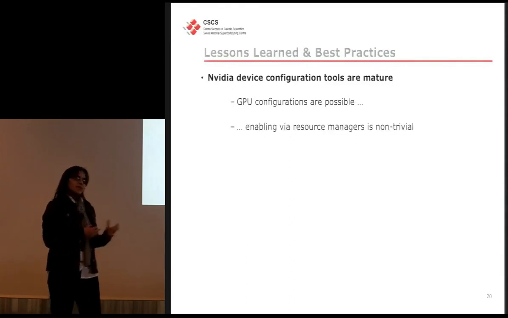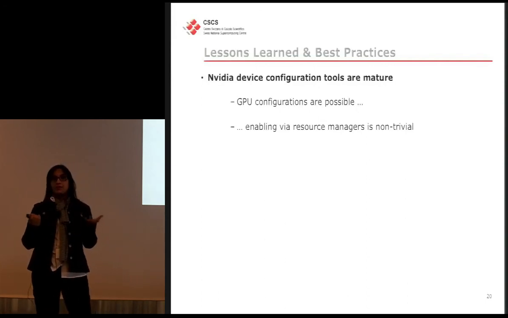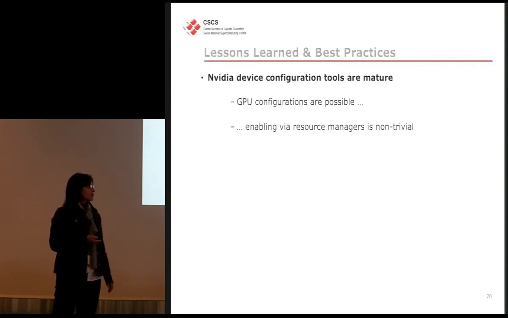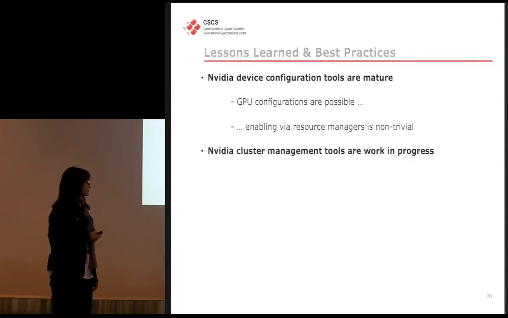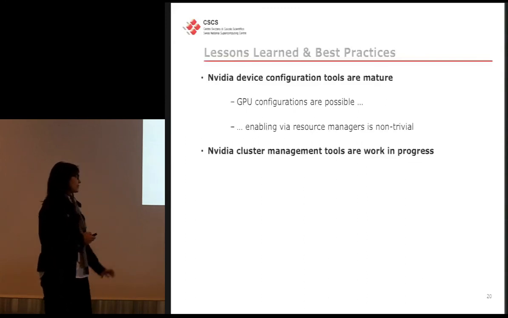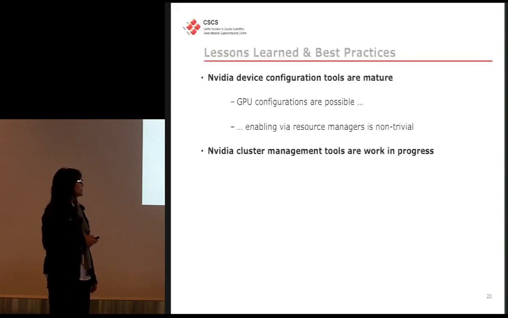But the question is, in a cluster environment, should we or shouldn't we? And if we want to allow our users to do it, how do we do it? And it's really, really non-trivial. So you have to put a lot of thought and attention to how you do it in a responsible way.